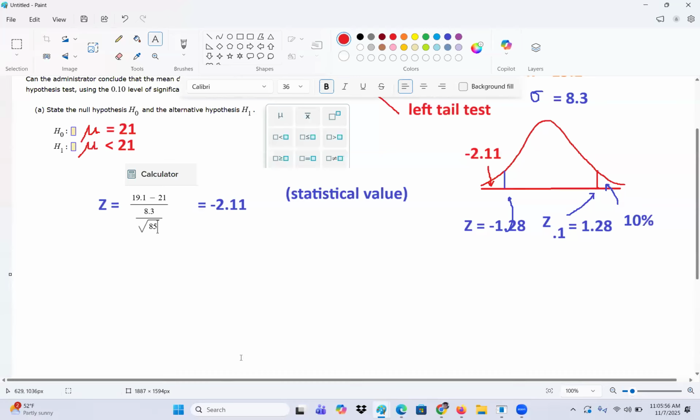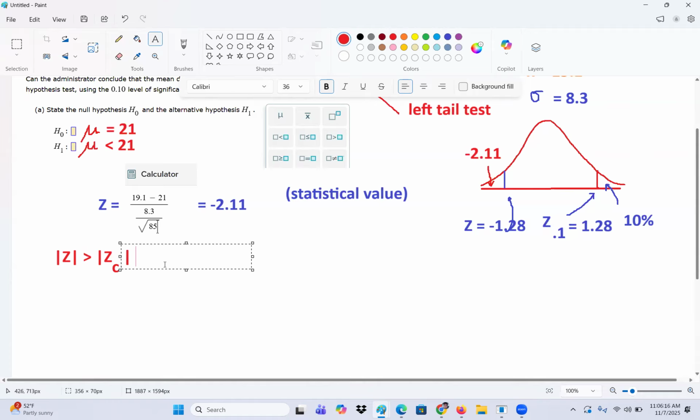So there's a format for that. If we have the z or the t, it doesn't matter, greater than the zc in magnitude, then we have to reject the null and we can state a claim.